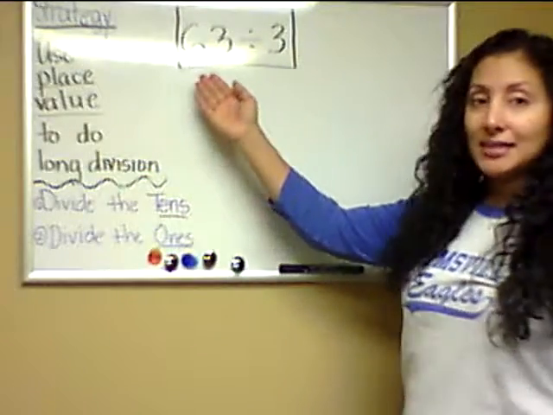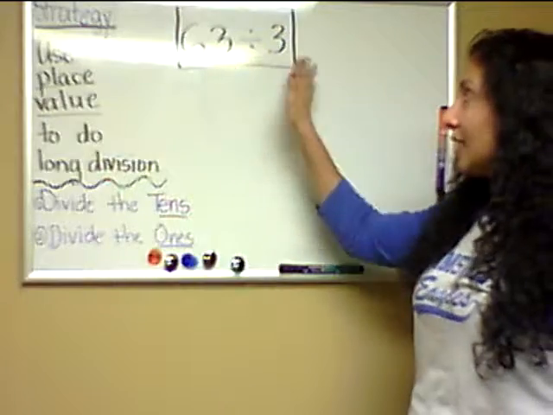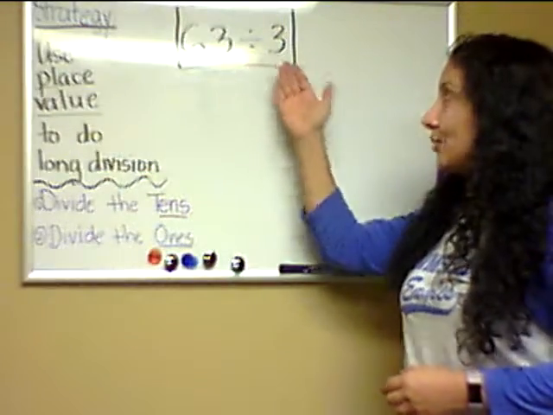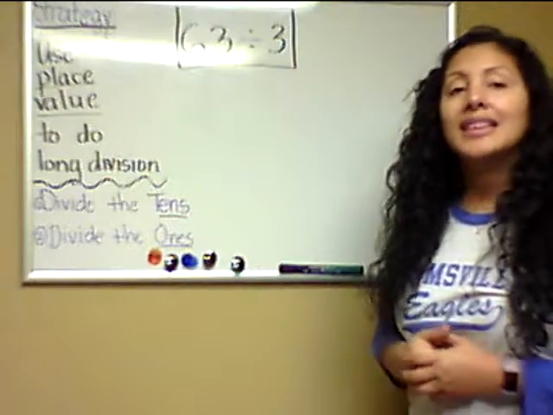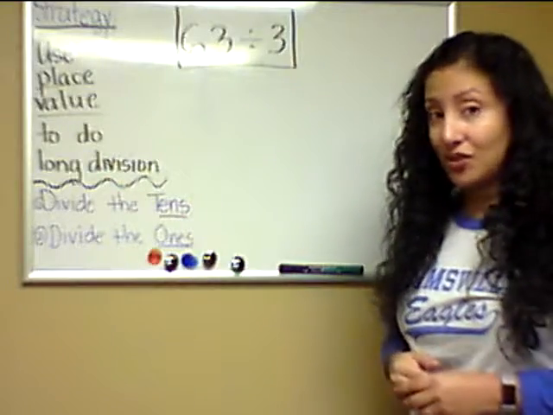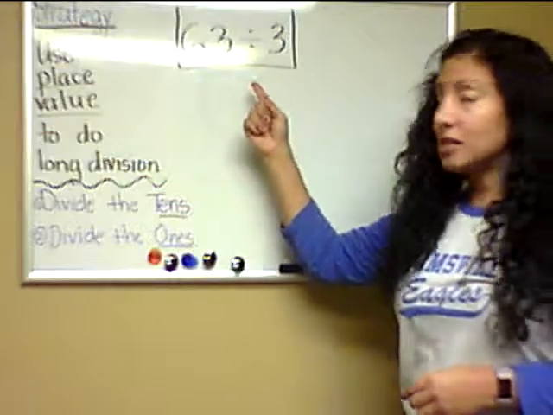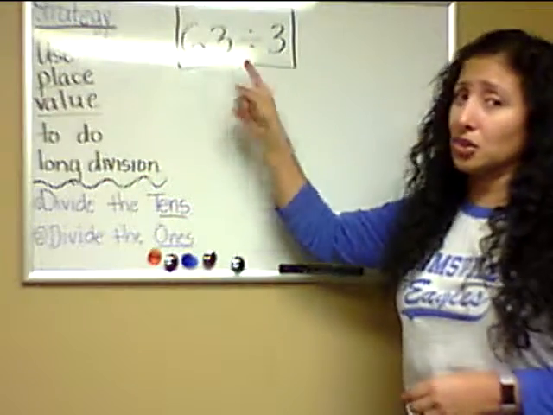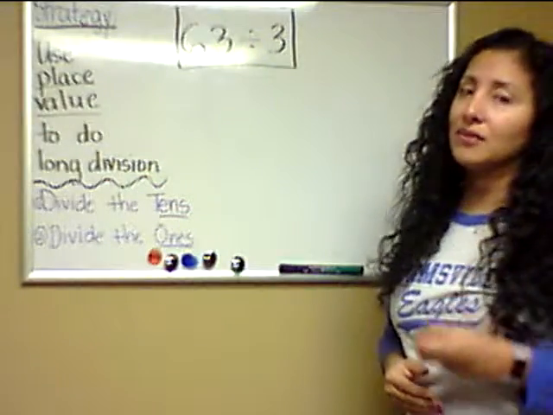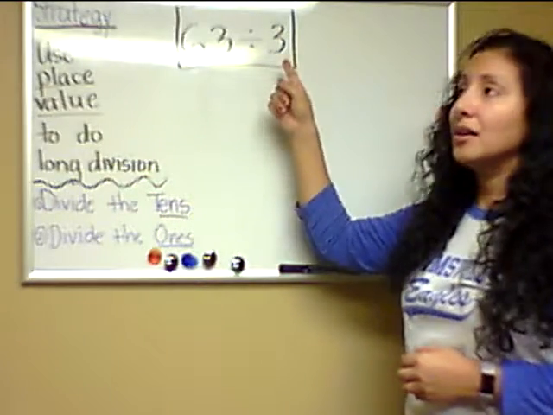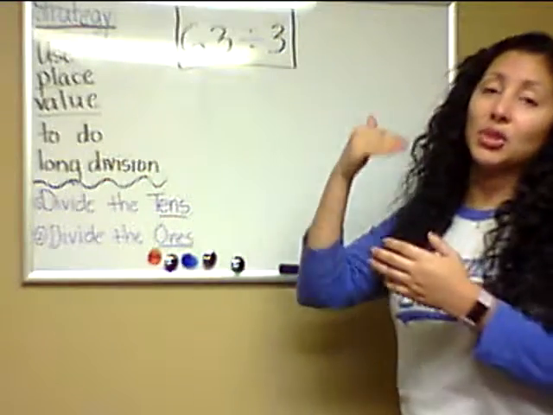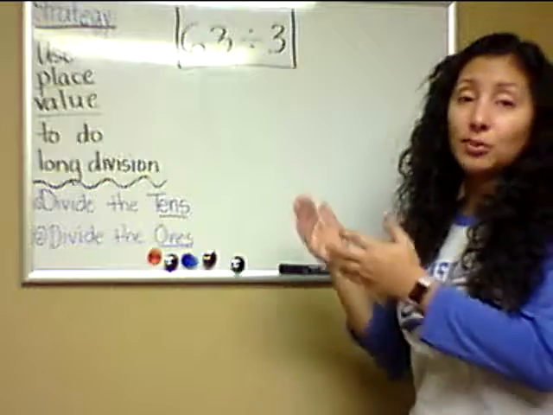You're going to get presented with problems that are written horizontally, like 63 divided by 3. Let's go ahead and use long division to solve this. The reason why we're using long division is because 63 is a really large number, and most of us have learned how to multiply 3 all the way up to 30, meaning 3 times 10 equals 30.